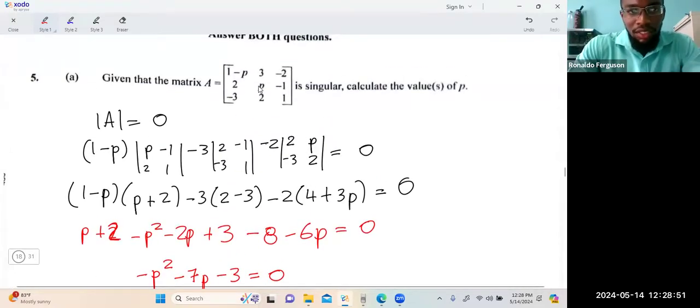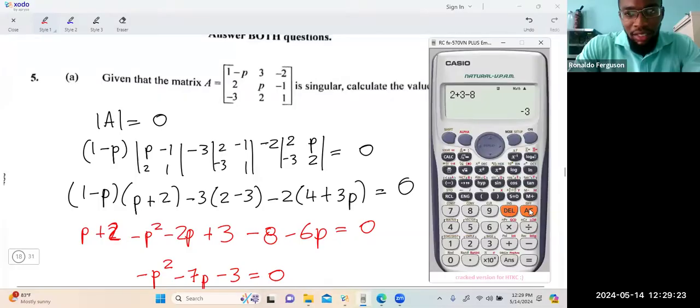Cross the row and the column, that's p minus 1, 2, 1. That should be p plus 2. Yeah. Cross the row and the column with 3 in it, that's 2 minus 1, that's now 2. And that's now minus 3. That's 2 minus 3 times negative 3. Then minus 2 times cross the row and the column, that's 2p minus 3, 2. That's 4. 4 minus minus 3p is plus 3p. This is minus 8 minus 6p.